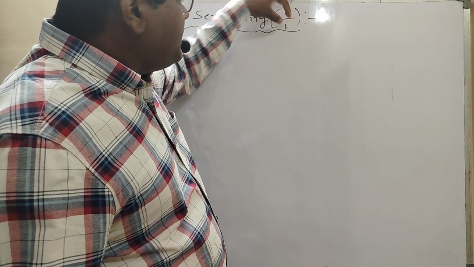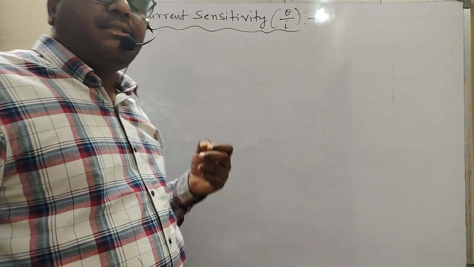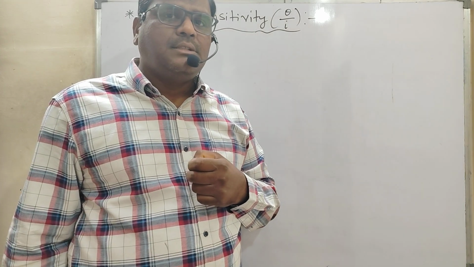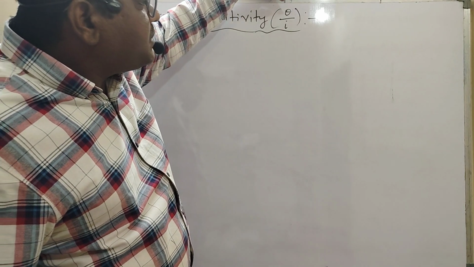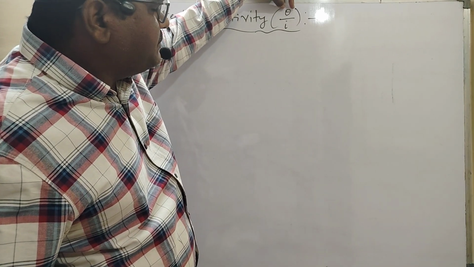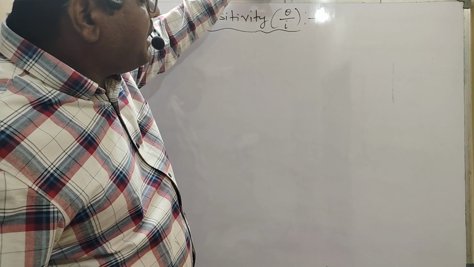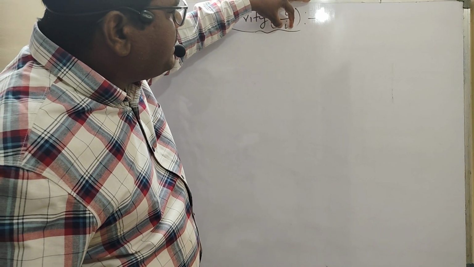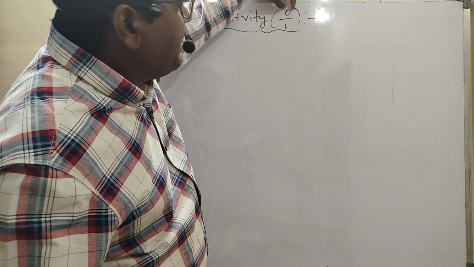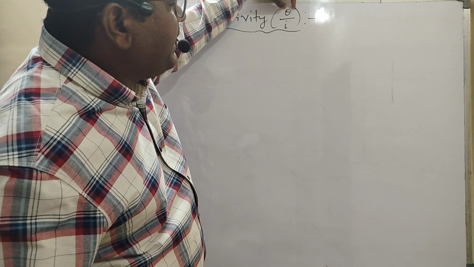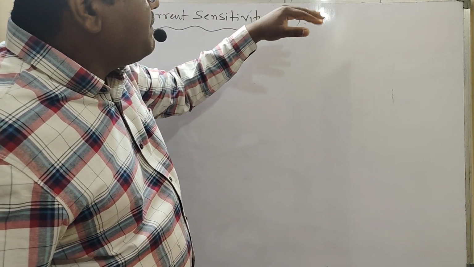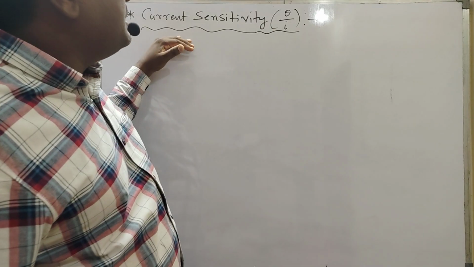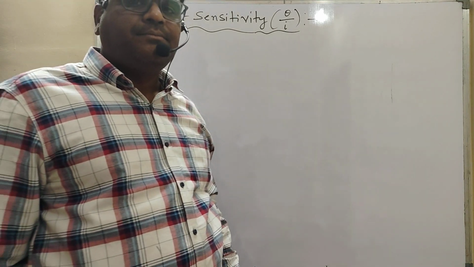Theta by I is called current sensitivity. For a small current, if the coil deflects more, then its sensitivity is also more.